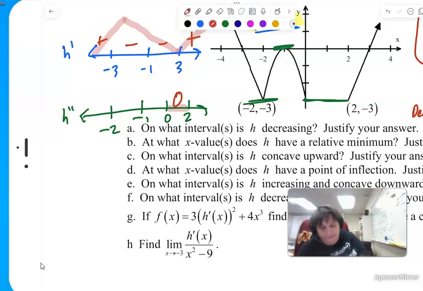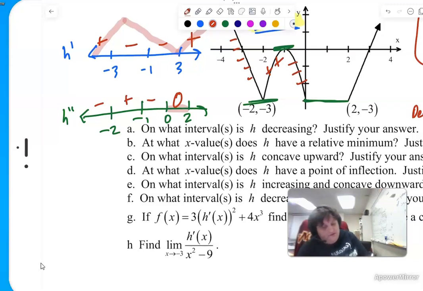And what's happening here is these are all negative slopes, these are positive slopes, these are negative slopes, that's a 0 slope, and then those are positive slopes. But what that means is that 0 and 2, for example, are not points of inflection, because they change from negative to 0 or 0 to positive. They have to change from negative to positive to be a point of inflection.